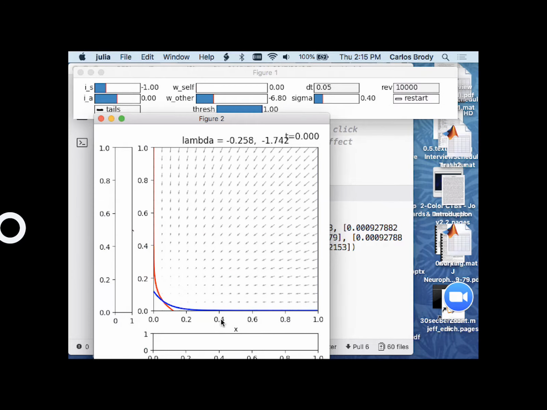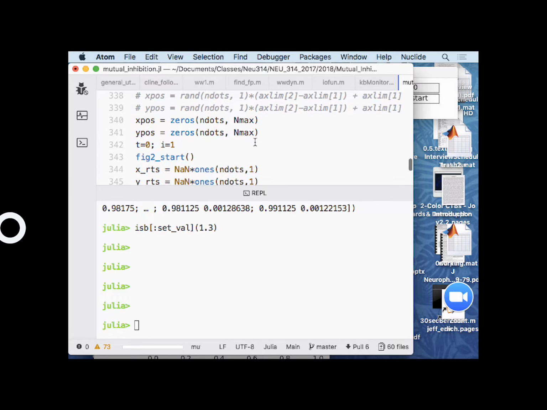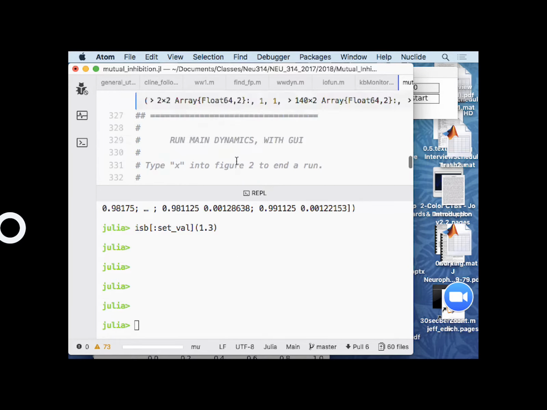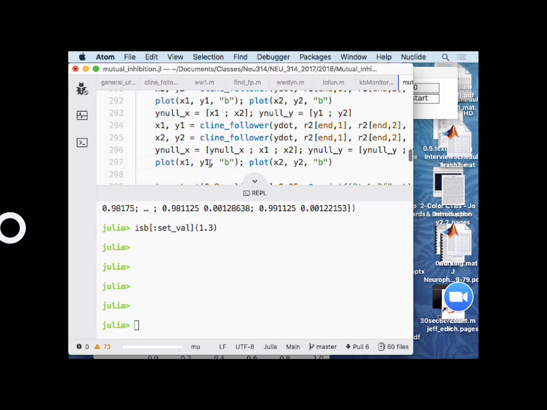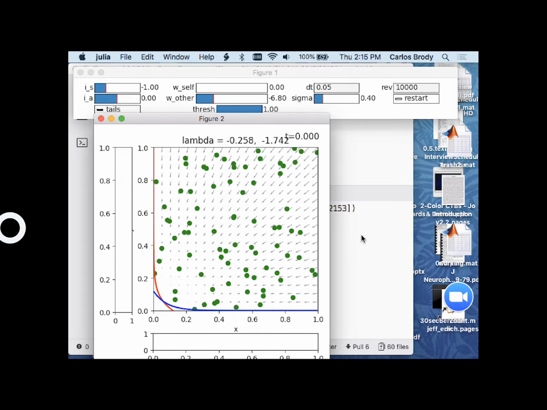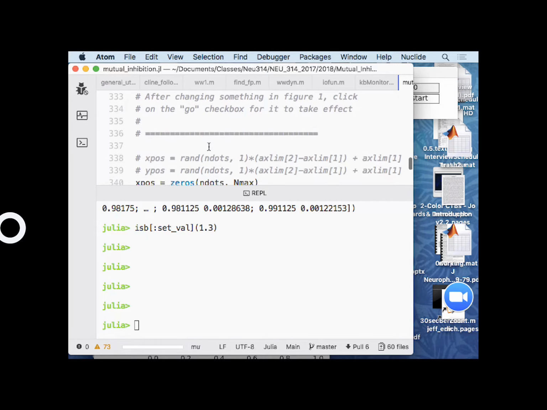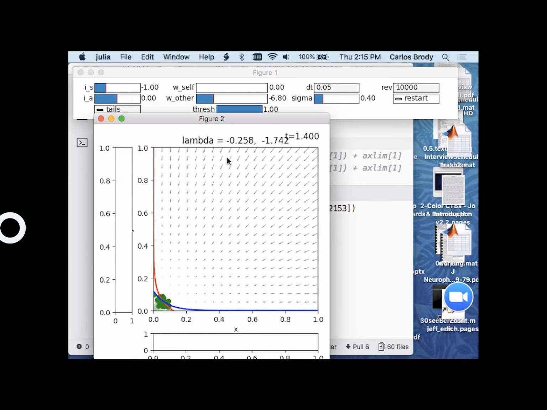Failure of the system. And try again. Actually, do this. Bear with me. Okay, it's looking a little better. We're almost there. Okay, now it's good.